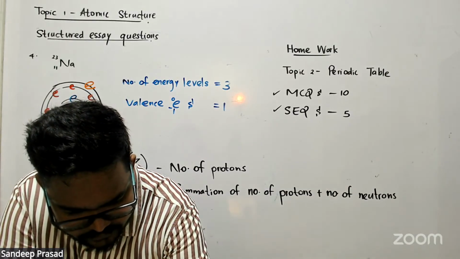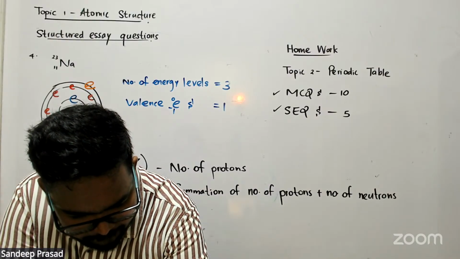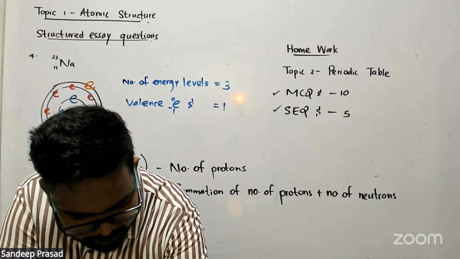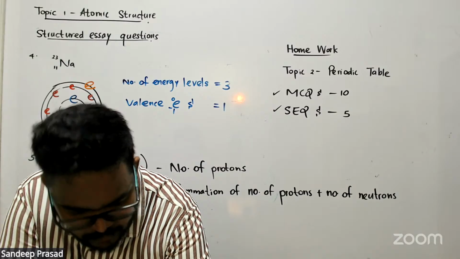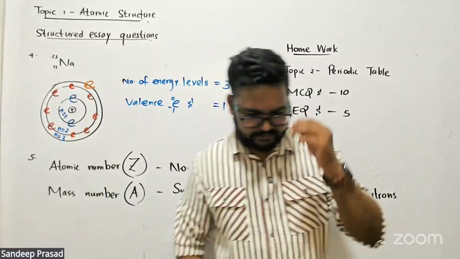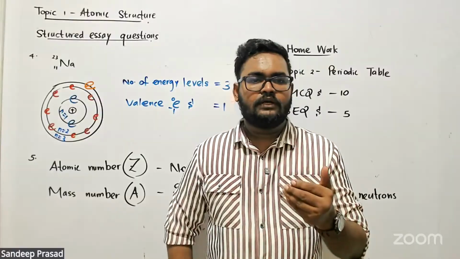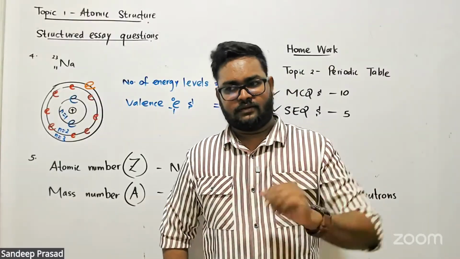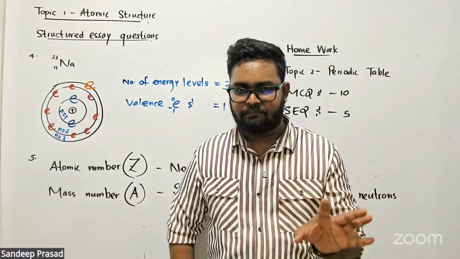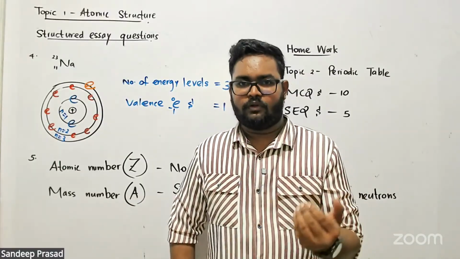Any doubts? Ashfa. Oh, okay. No, don't worry. Ashfa, it's like this. Don't worry about those things, okay? If you're feeling like these things are complicated, that's completely all right. That's what I want from you all.